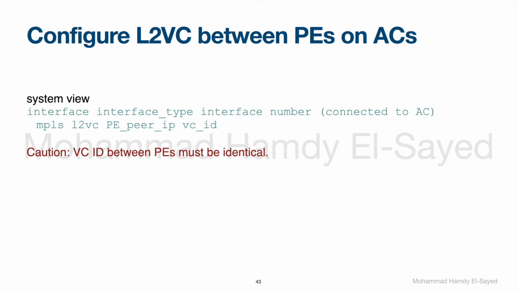Then under the interface view, we configured mpls l2vc, then the PE peer IP address, which is the loopback IP address of the PE peer, and the VC ID. It's very important to know that VC ID between PEs must be identical. If it was not identical, the VC status couldn't be up.